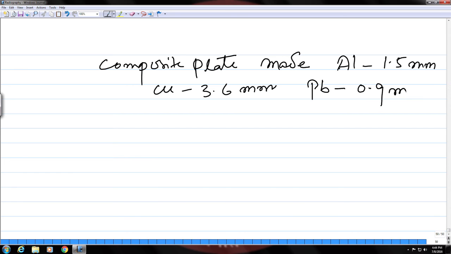Okay. So, let us say you have a composite plate like this, which has these 3 layers made of 3 different materials having this kind of thicknesses.